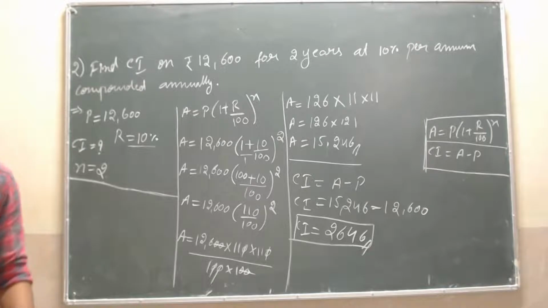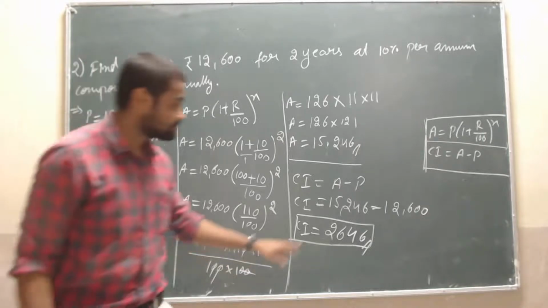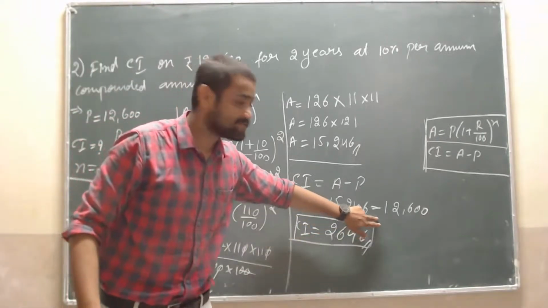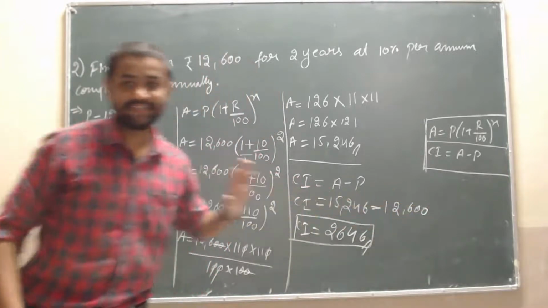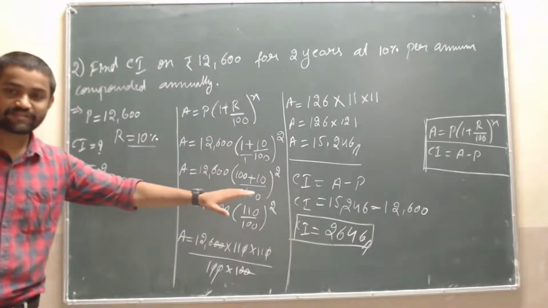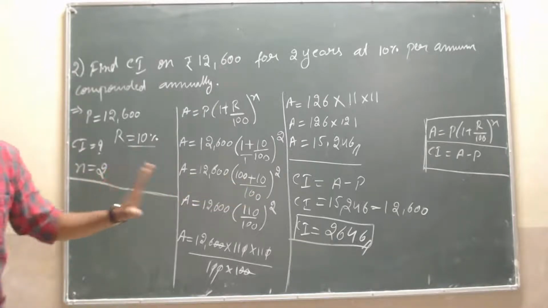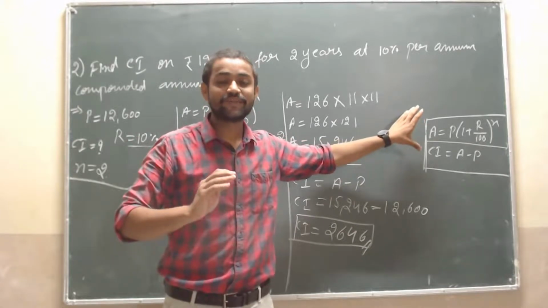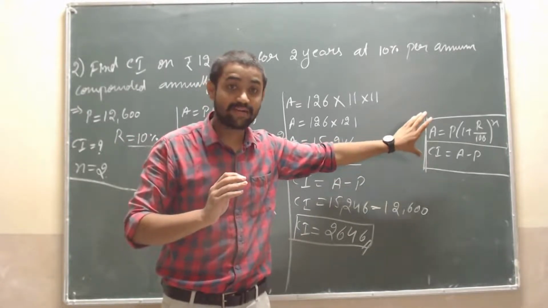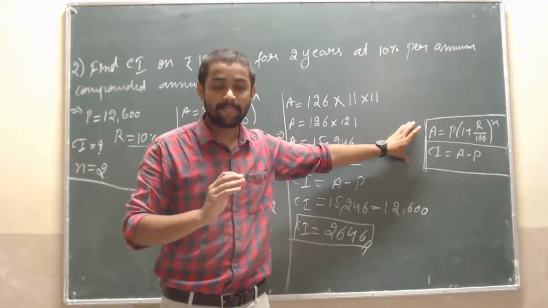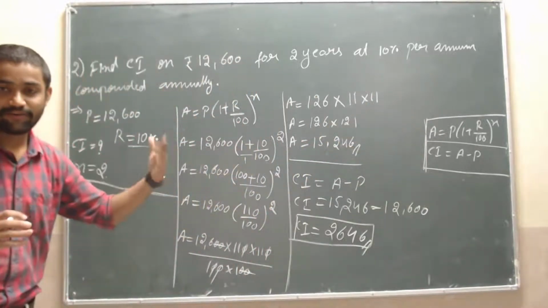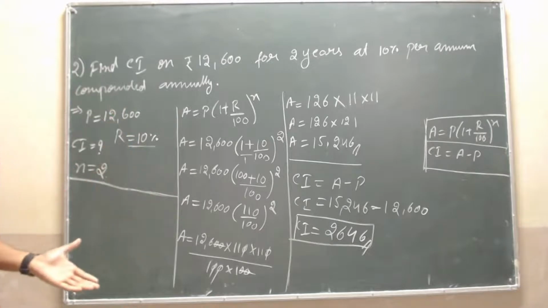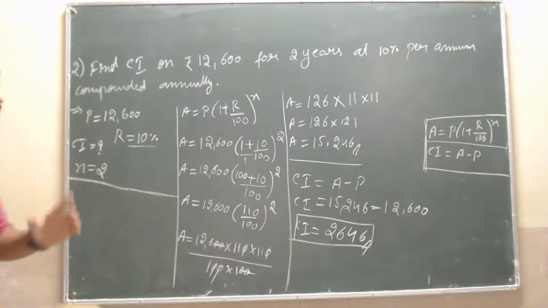Margappa, 2,949 is not the answer. 15,246 minus 12,600, then what will we get? 2,646 is the CI, students. Is it clear? It is easy to find CI and the amount using these two formulas, and they are helpful for solving other examples.